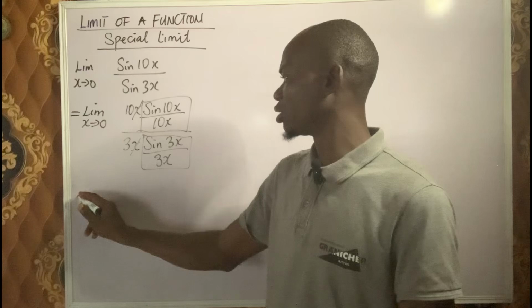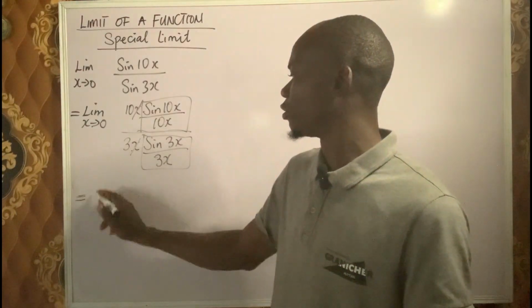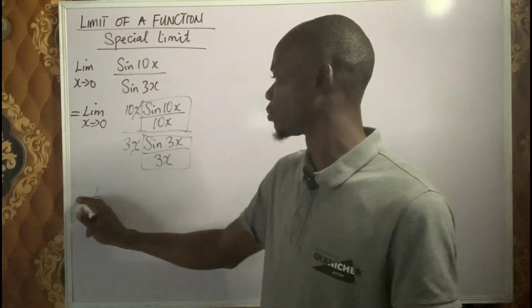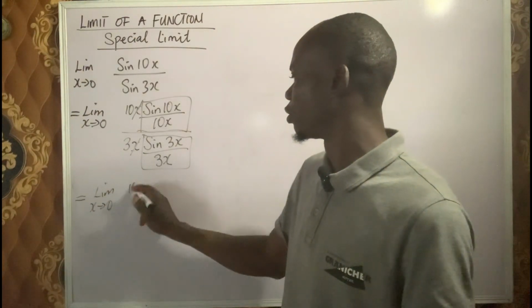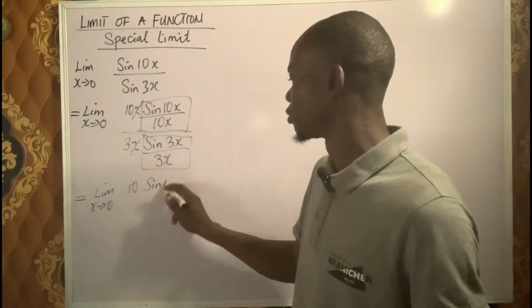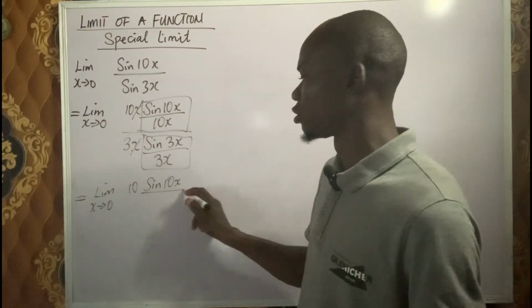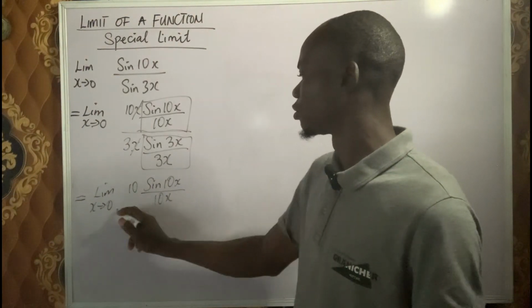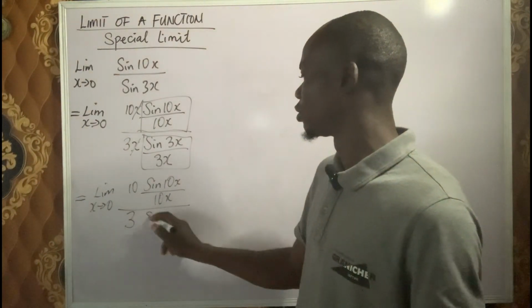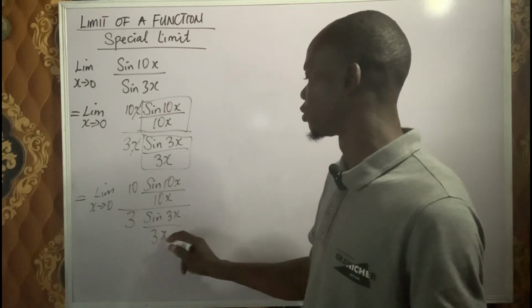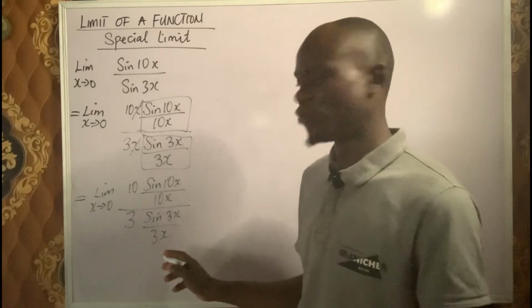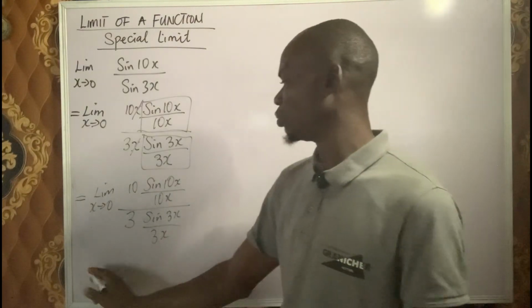When x cancels out, we'll have limit as x tends to 0 of 10 sine 10x over 10x, over 3 sine 3x over 3x. As soon as you arrive here, you can see we can apply the special limits now.